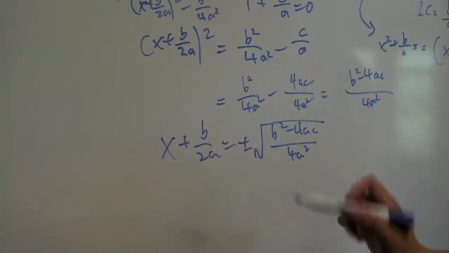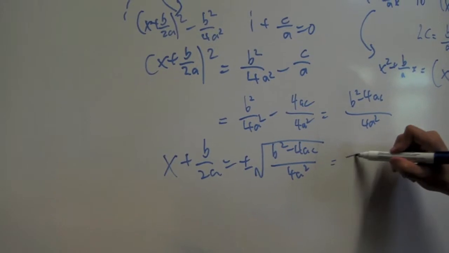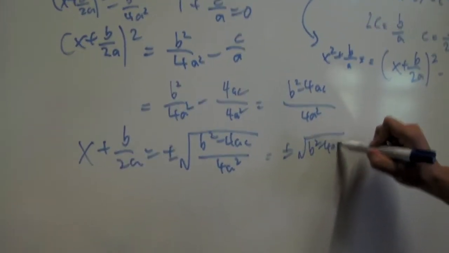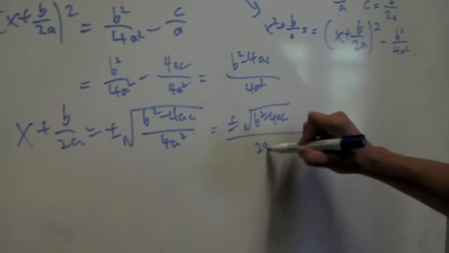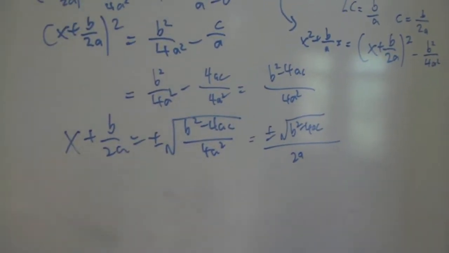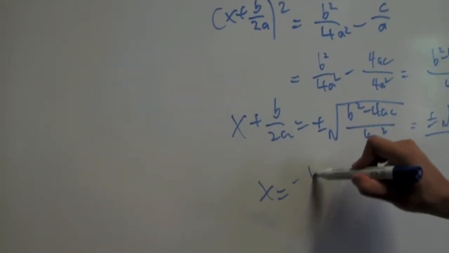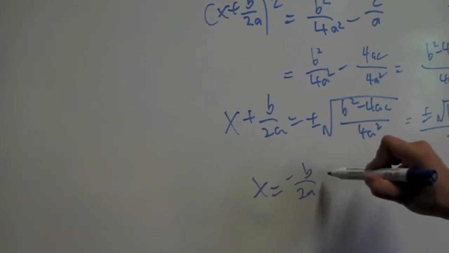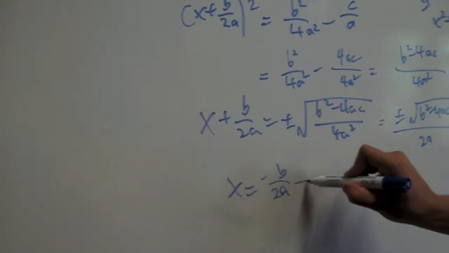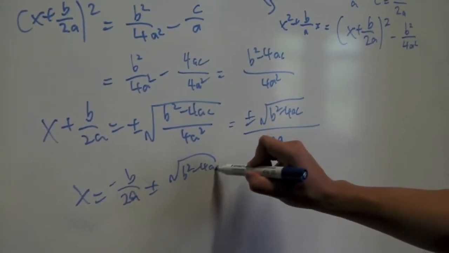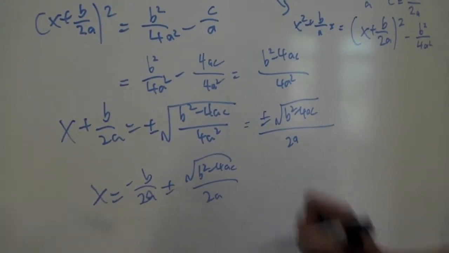There's already a plus or minus sign, so we can just say it's 2a. So we keep the plus or minus sign and square root the top by itself, and you have 2a. Let's solve for x. So move this term across: minus b divided by 2a, plus or minus square root of b squared minus 4ac on 2a.